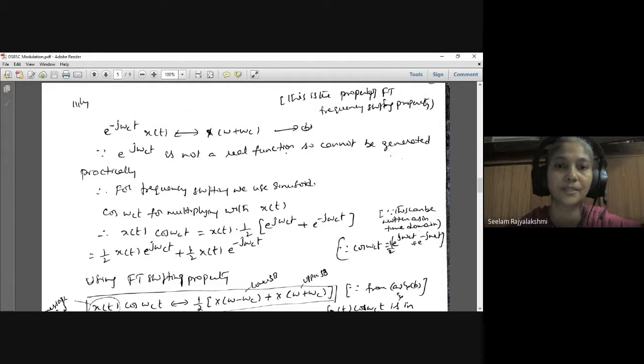Therefore, for frequency shifting we use a sinusoid. That means we multiply this message signal with cos omega c t. So we are applying frequency shifting here by using this sinusoid.